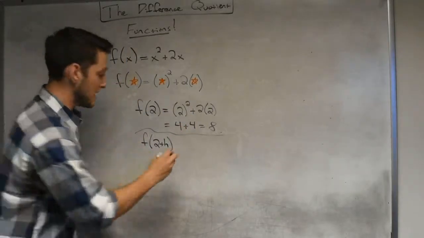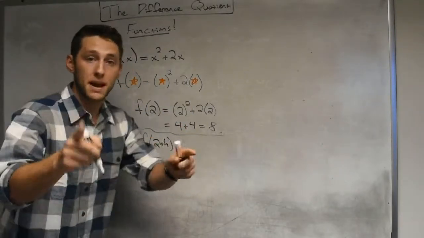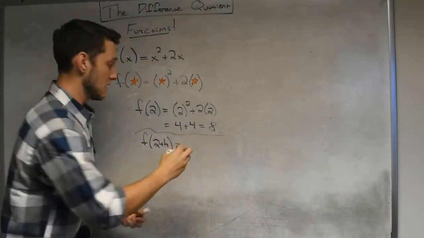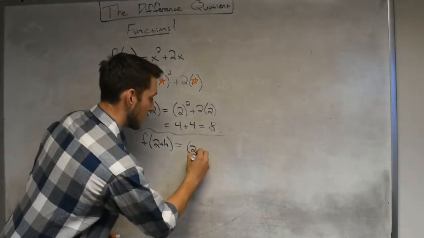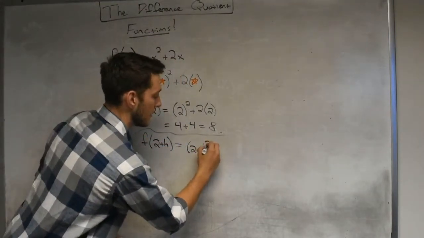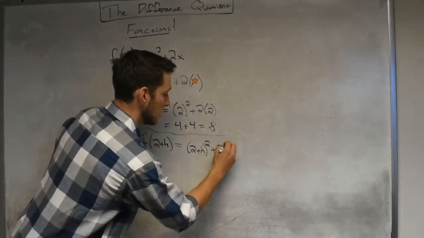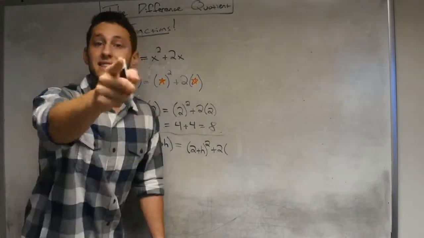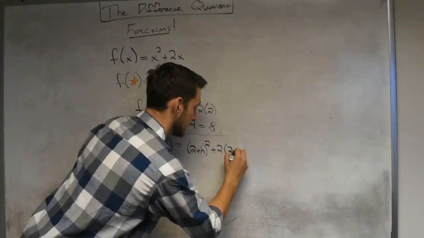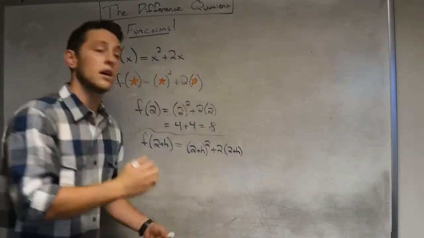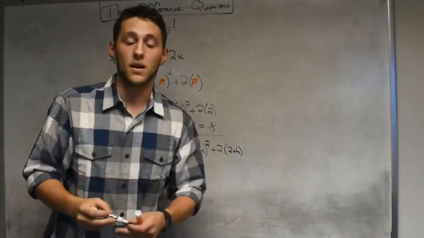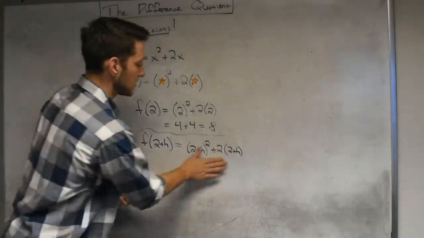So in this case right here, I copy paste 2 plus h, parenthesis, wherever I see that star. 2 plus h squared plus 2, oh, another star, times 2 plus h. From there we can simplify this out, but we really want to get used to this notation right here.